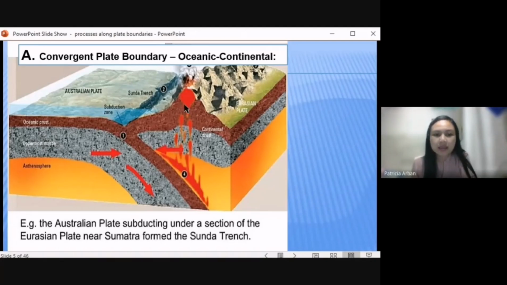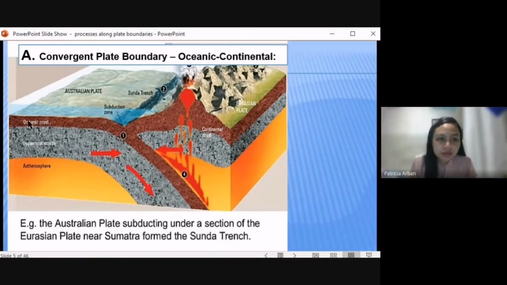And then, as time passes by, those cooled magma will become rocks and turn into layers of rocks until it becomes a high volcano, yung mataas na volcano natin, a tall volcano. But remember, kahit yan ay flat at may lava na lumabas dyan, may opening, that is also considered a volcano. Take note of that.